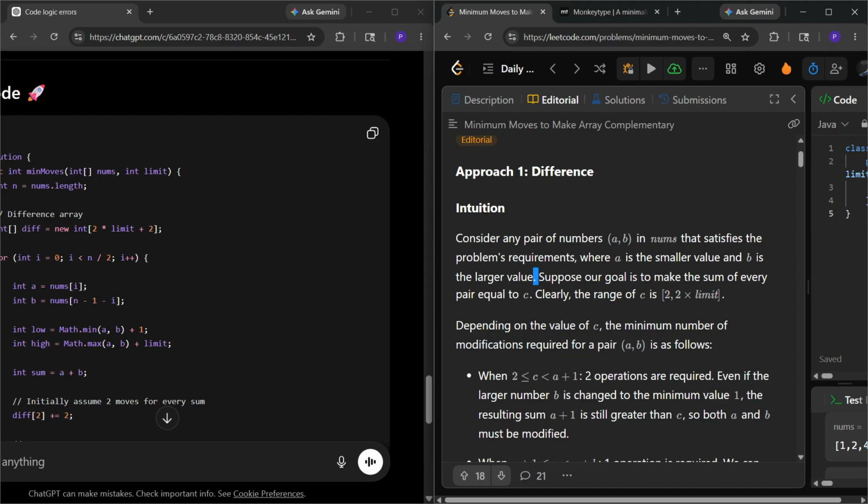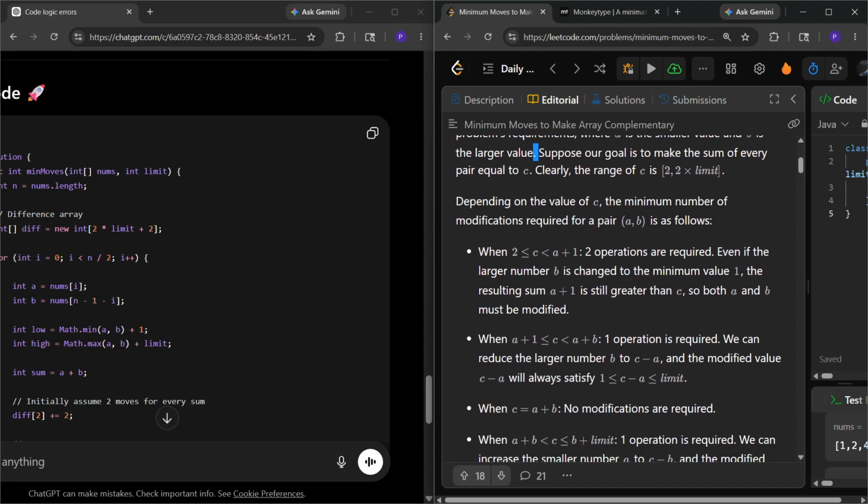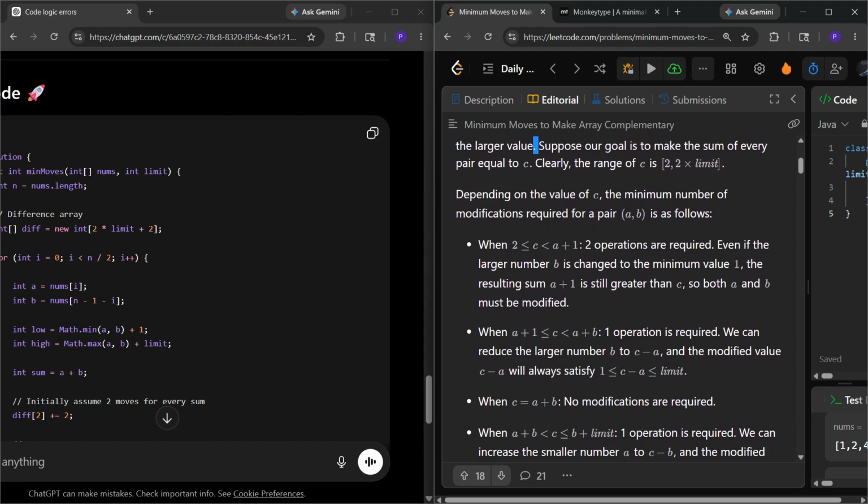At minimum, it can be 1. At maximum, it can be twice of the limit. What? Depending on the value of C, the minimum number of modifications.